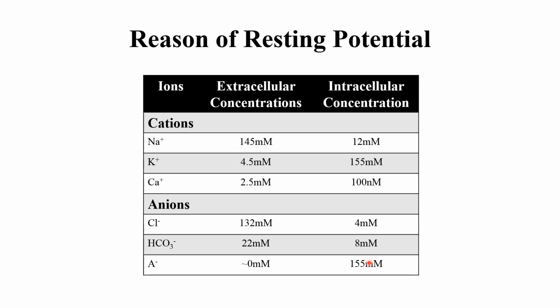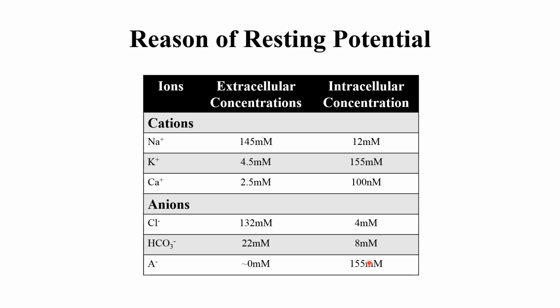And then there is a small difference between the concentration of sodium and potassium. You have to keep it remembered that sodium is always concentrated outside of the cell and potassium is always concentrated inside of the cell. And calcium is always concentrated outside of the cell.